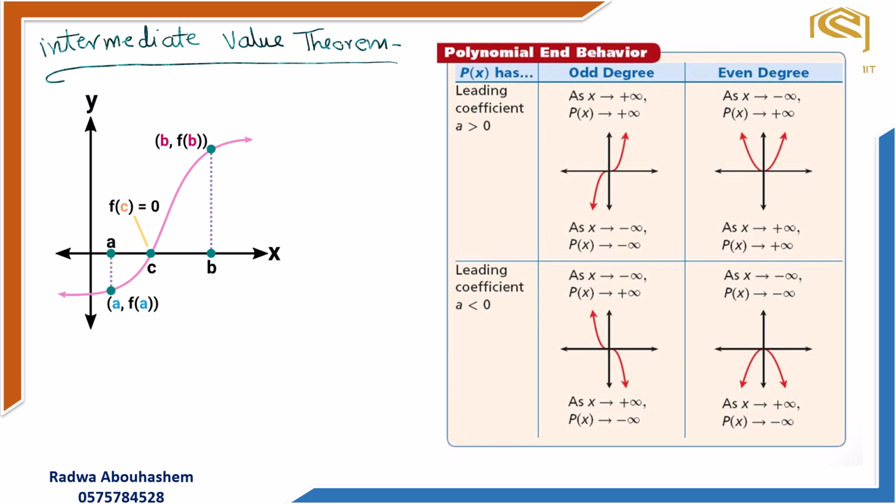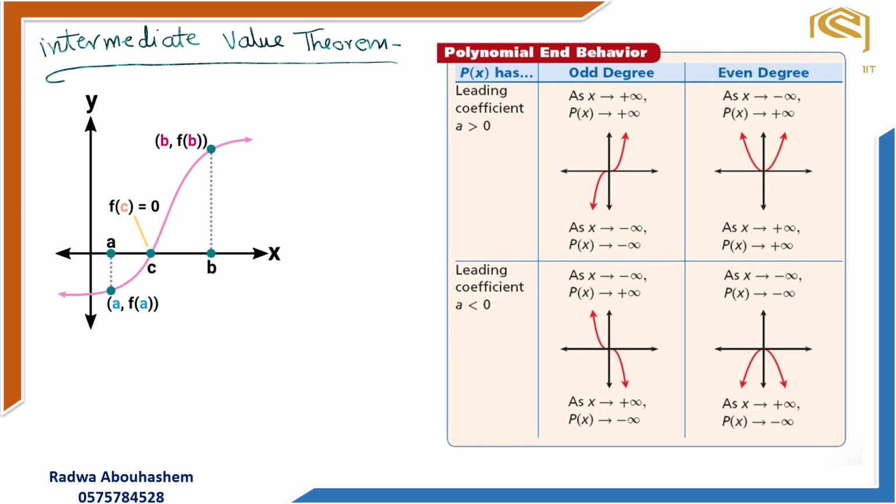Another concept that you have to know is the intermediate value theorem. The intermediate value theorem states that if your function is continuous over an interval of numbers, this means that if you substitute these numbers, which are x, in the function, and you get values that are opposite in sign, this means there is an x-intercept or zero between them. Let me explain this with numbers to understand it more.